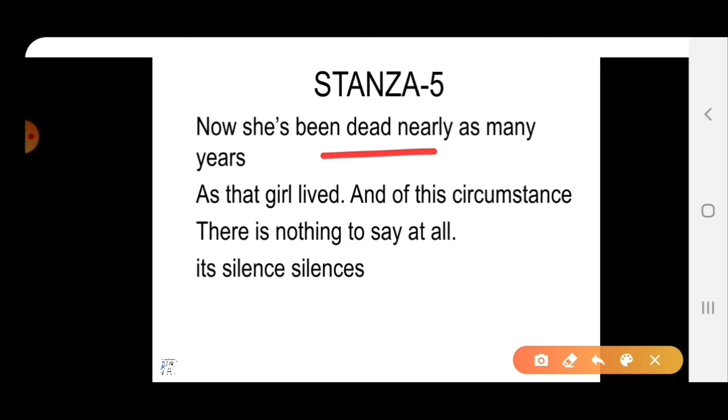Whenever the poet thinks of her mother's death, she cannot explain what effect it has on her. Death has silenced her mother, and it has also left the poet speechless. It means after the death there was silence from the side of her mother. She was not talking to her, and the poet was also silent to express her pain.